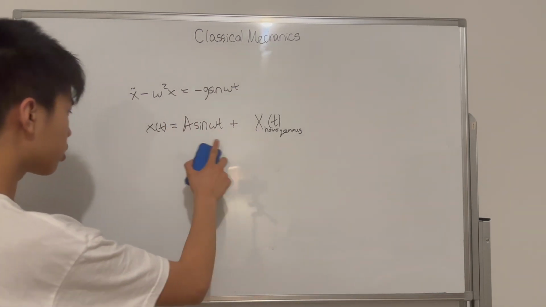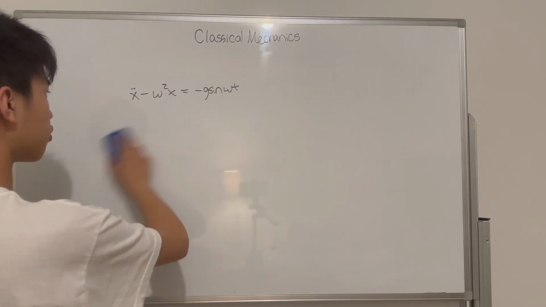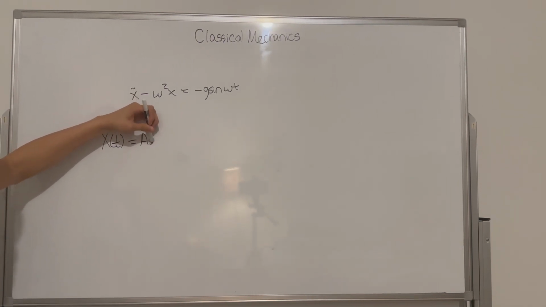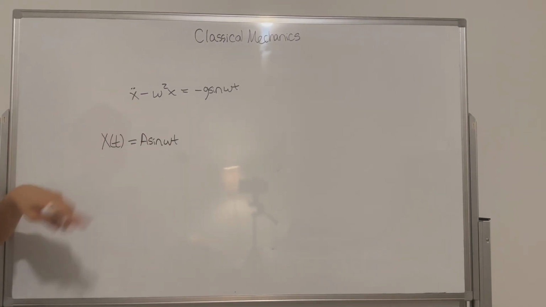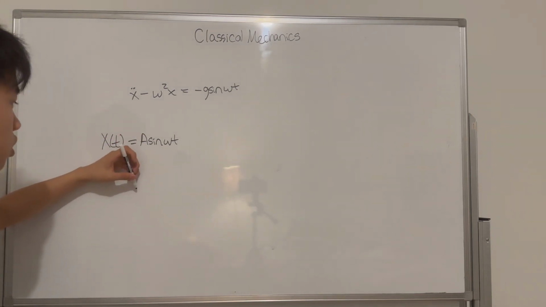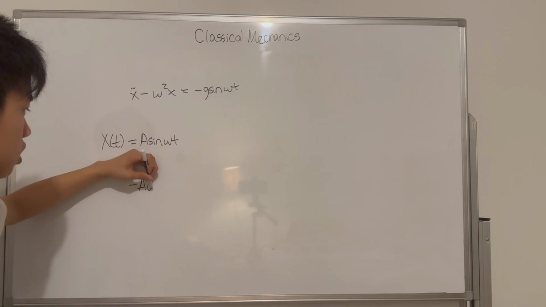So first of all, let's start off with the undetermined coefficient solution. We'll set a solution equal to a sine omega t, so we can plug this into the differential equation. Doing the calculus, it's elementary.